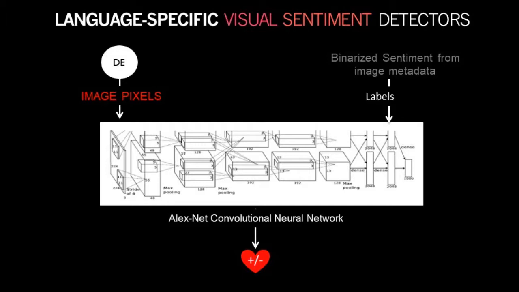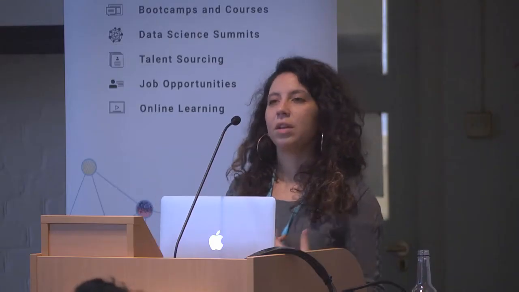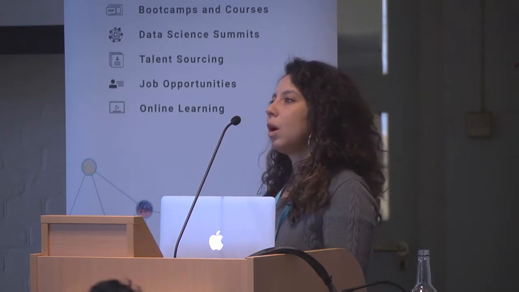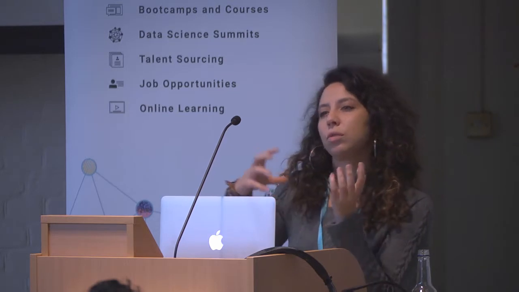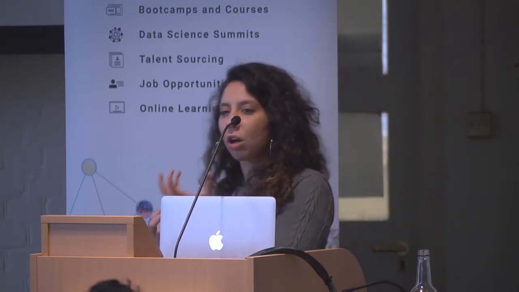So what we do is that we take all the images from a given culture, and we design this very simple deep learning framework that, given an image of a given culture, learns how to replicate how that culture assigns sentiments to images.